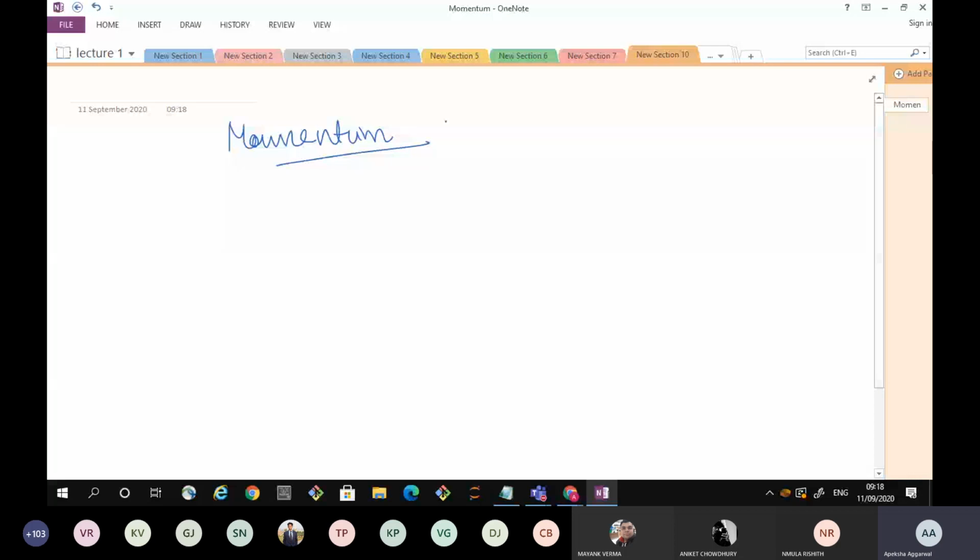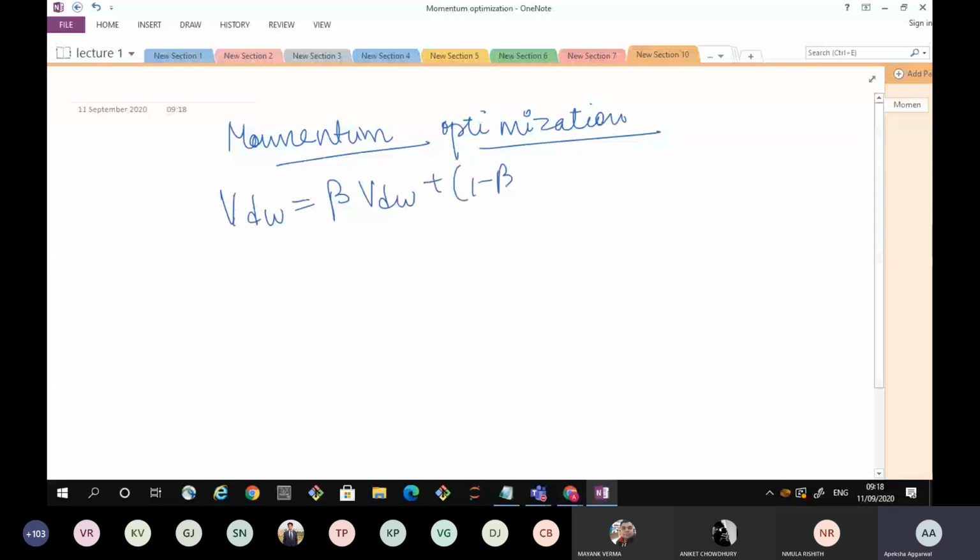It would be the same as the previous one: VdW is equal to beta VdW plus 1 minus beta dW. Now here, instead of theta, I want to smooth out the dW. dW is the value that is to be smooth.